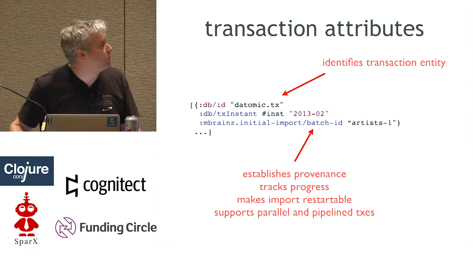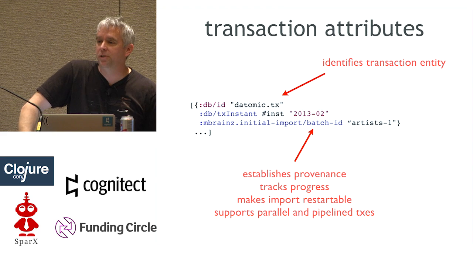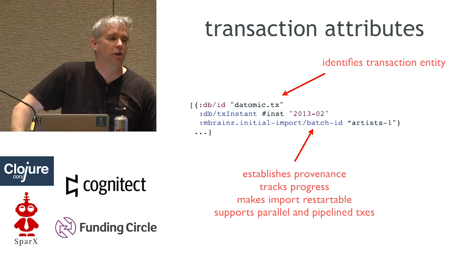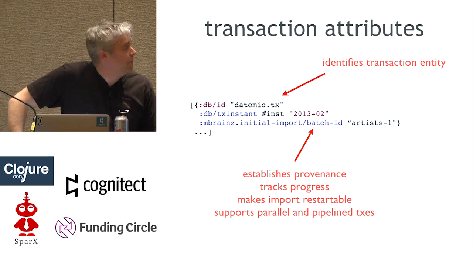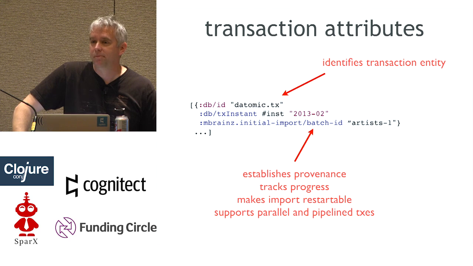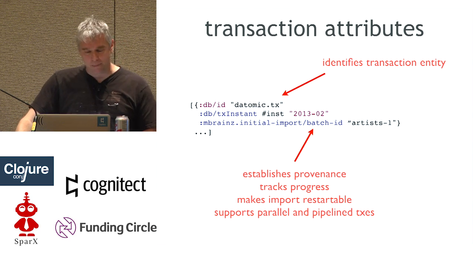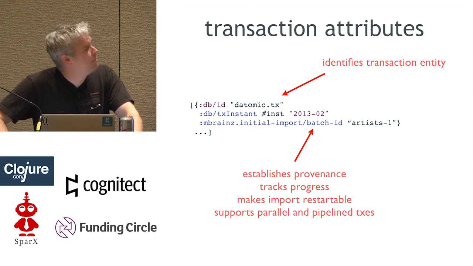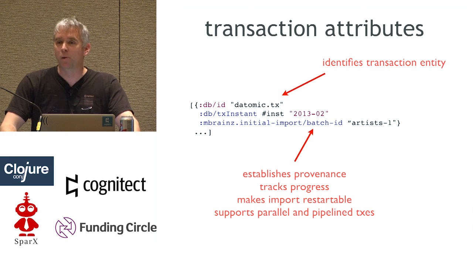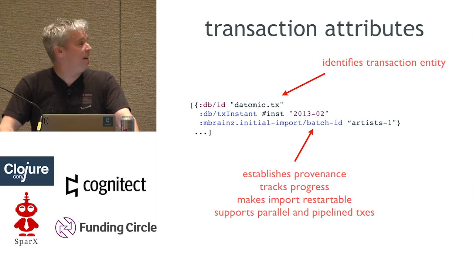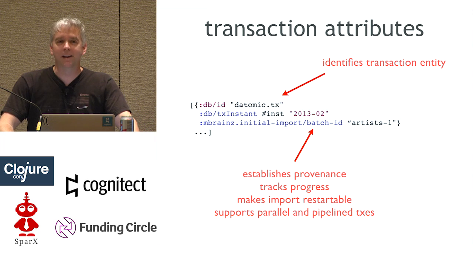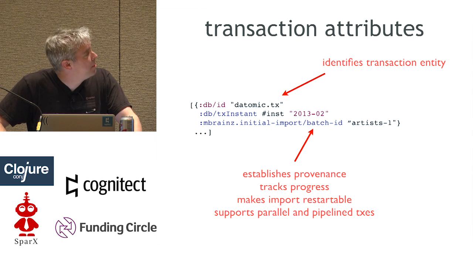This also provides a way of tracking progress. I can walk up to a system whose import state is unknown to me and issue a query for these batch IDs and say, hey, has the import happened? Did part of the import happen? That part of the import question means that I can make the import restartable. Right? When I screw it up, as I've done about 7,000 times now, I can go back and say, hey, what part of the import was done?